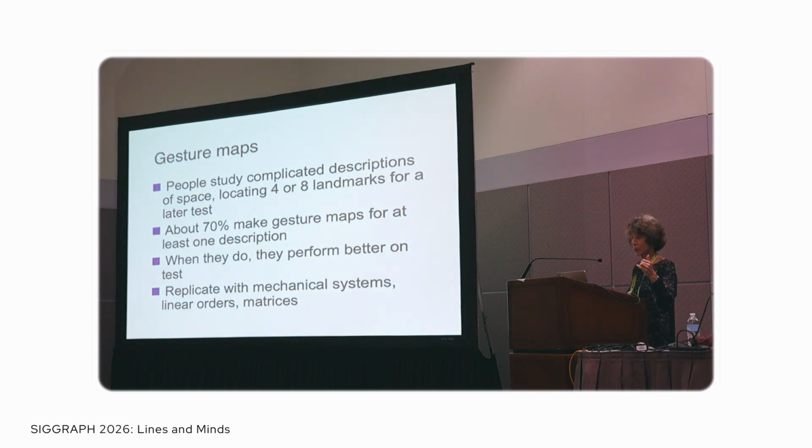About 70% spontaneously make gesture maps for at least one of their descriptions, and when they do, they perform better. And if we take a new group and make them sit on their hands, they perform worse. And some of them say, I can't think without my hands. Okay, and again, we've replicated it with mechanical systems, linear orders, and matrices.